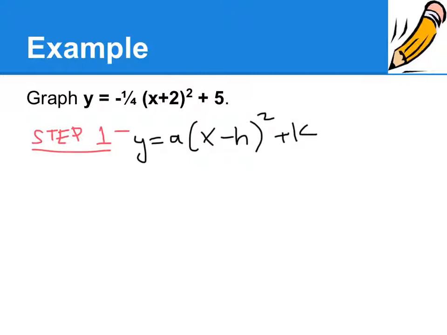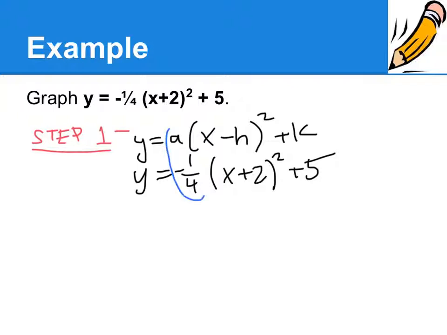Don't forget this one right here is a minus. Then you write down the other one right under it: y equals negative 1/4 times (x plus 2) squared plus 5. Now you can see what parameter, what letter, what variable goes to what. So if you put it right here, you know that a equals negative 1/4.